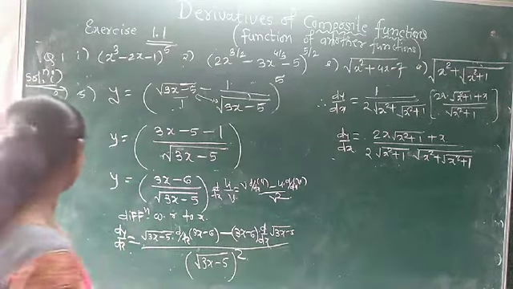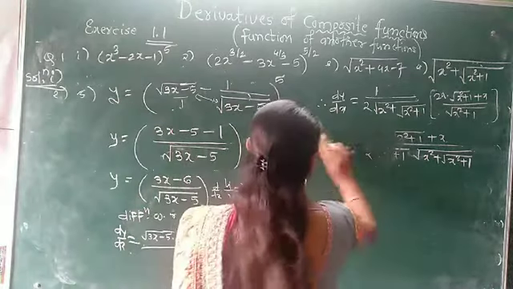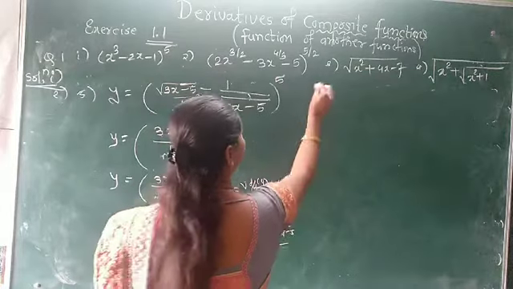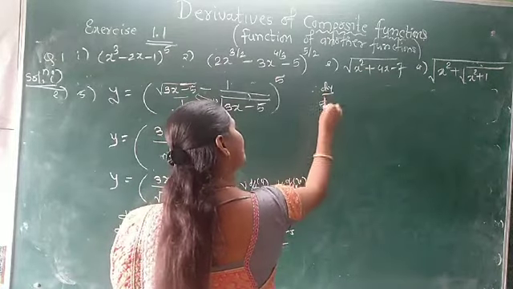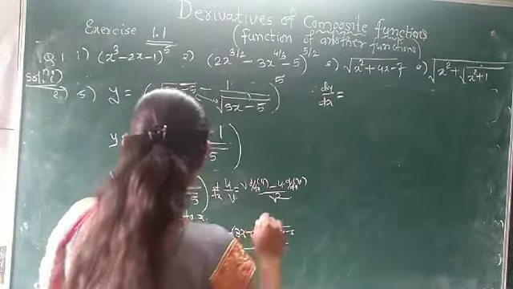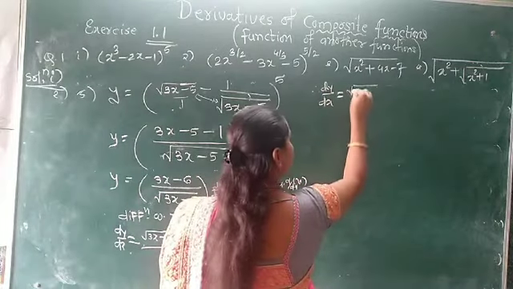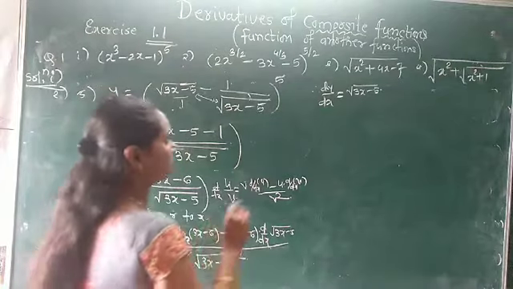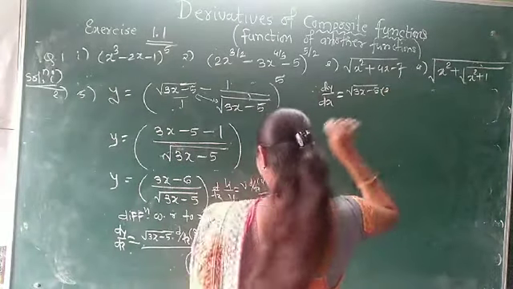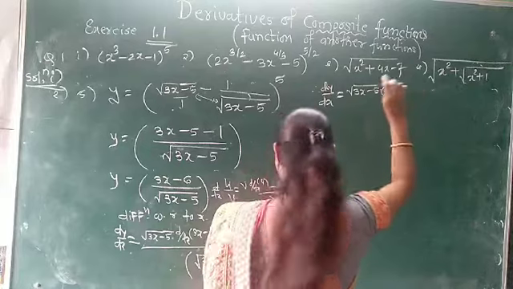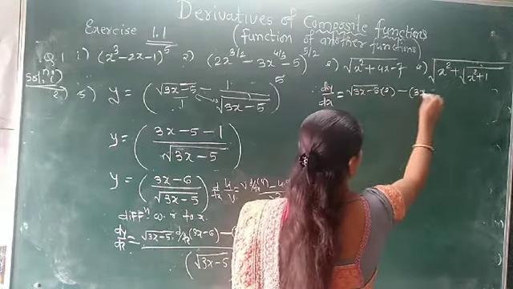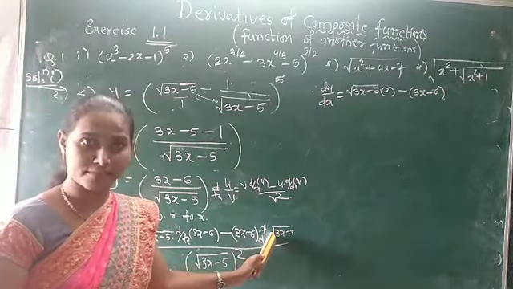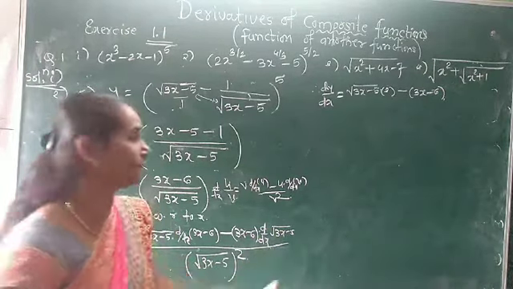Now find the derivative of this term. Therefore dy upon dx is equal to root 3x minus 5 as it is into the derivative of this 3x minus 6, which is 3, and the derivative of 6 is 0, minus 3x minus 6 into, write the derivative of this root 3x minus 5, which is in the form of root f of x.